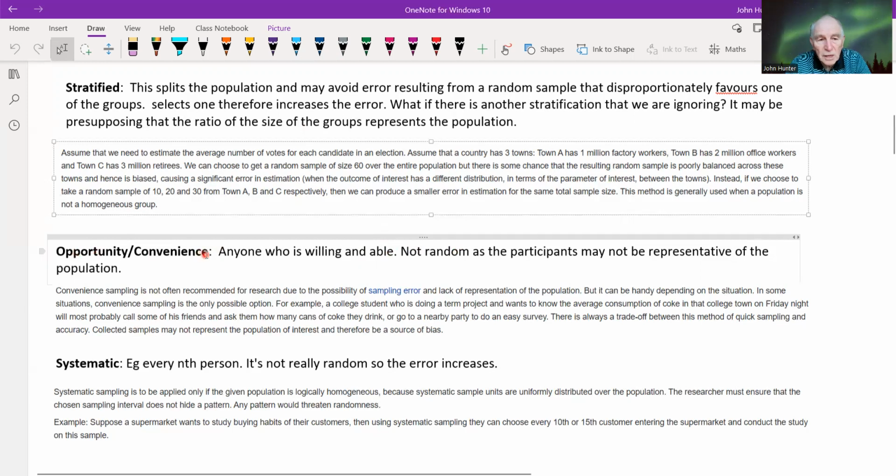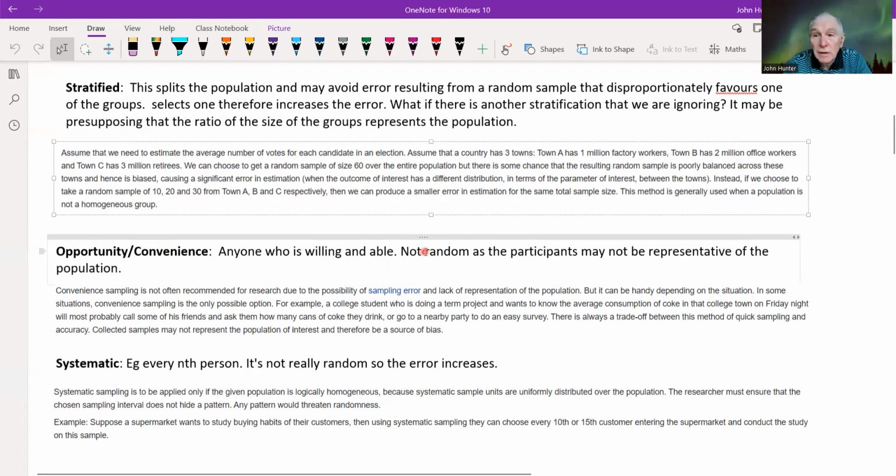Opportunity and convenience. These are 2 names for the same thing, really. So more or less anybody who's willing and able to actually do it. It's not going to be random, is it? Because people who are willing to do it, or who are convenient, who just happen to be available, may well not represent our group very well.